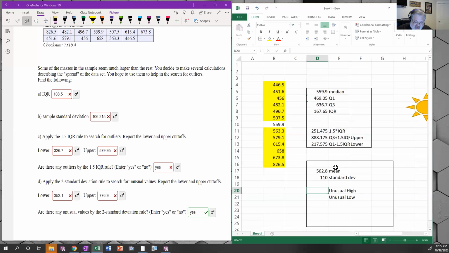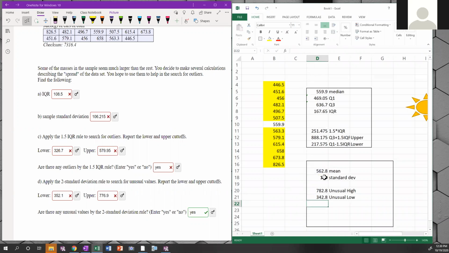But it's important that that adding and subtracting happens from the mean, not from the median, not from the quartiles. So equals that mean plus 2 times that standard deviation. And then our mean minus 2 times standard deviations. Oops, I forgot my times.